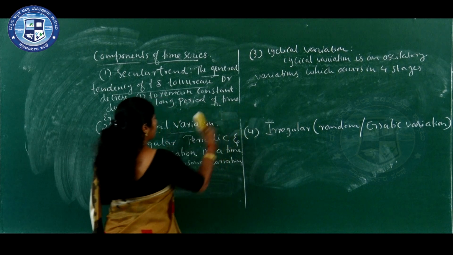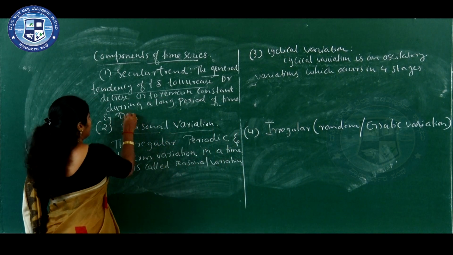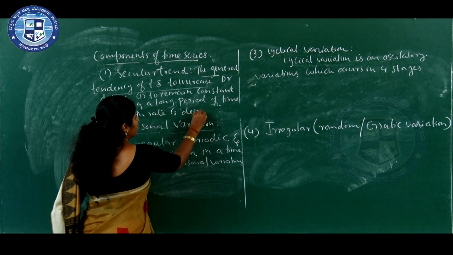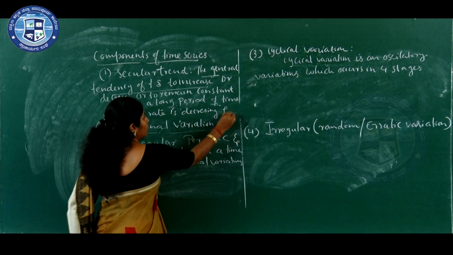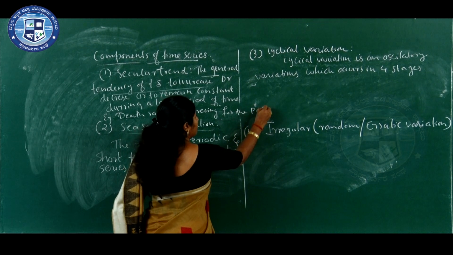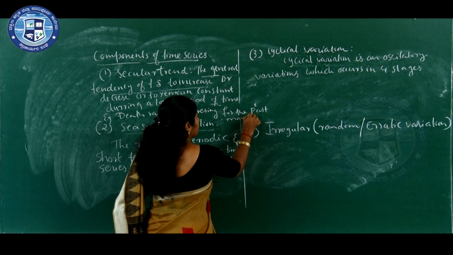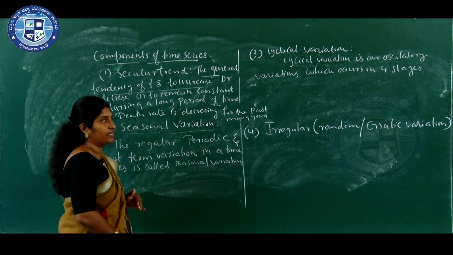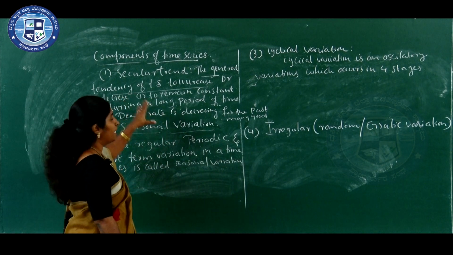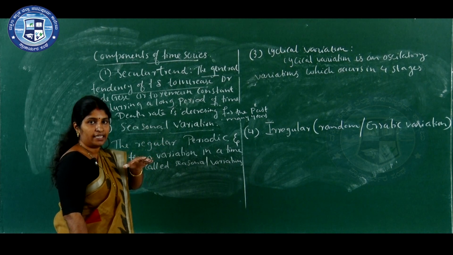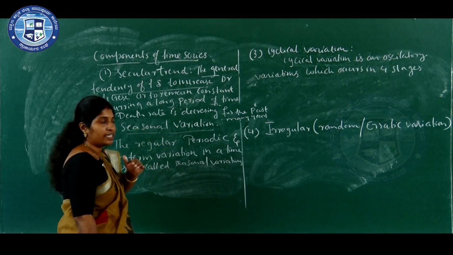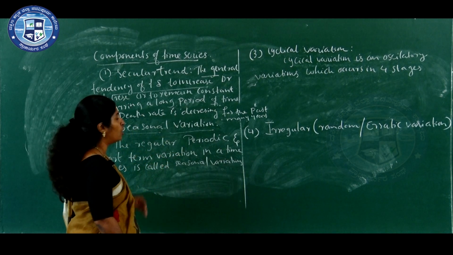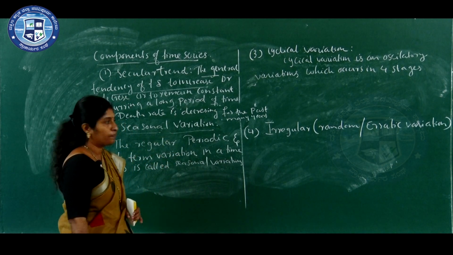Another example, death rate is decreasing for the past many years. So, it shows a downward trend. Secular trend means the general tendency of time series data to increase or to decrease or to remain constant for a long period of time.